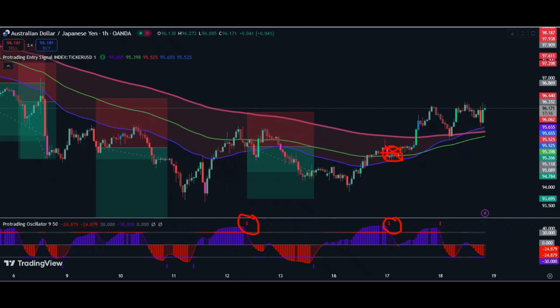So if at this point we are risking 20 pips, our target will be 30 pips. If our take profit is not reached and we get an opposite signal, at this point we exit the market to reassess and see if the trade is going to give us a new signal.